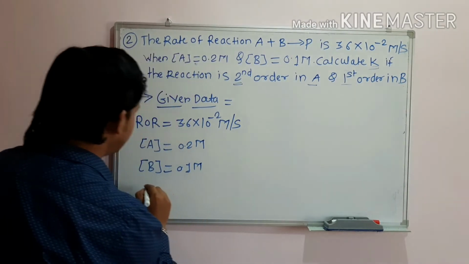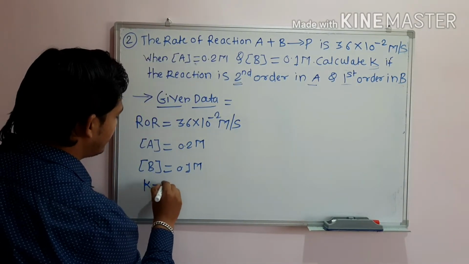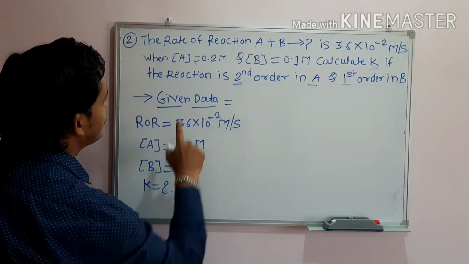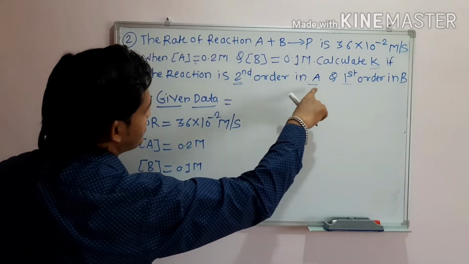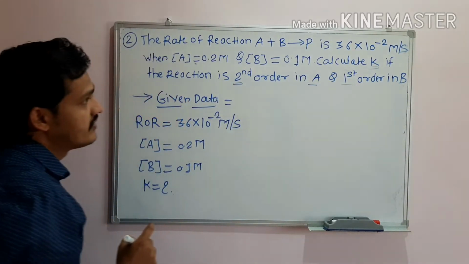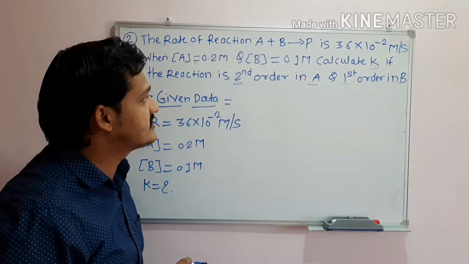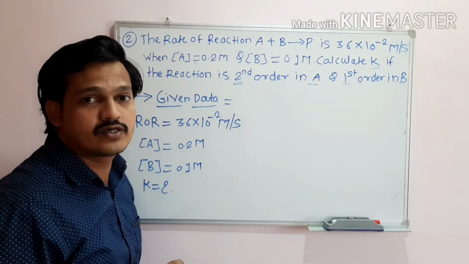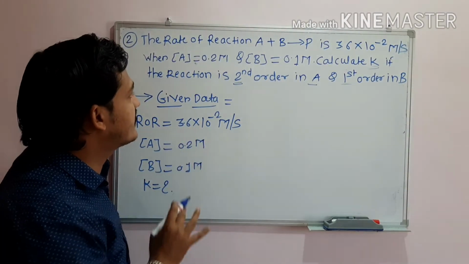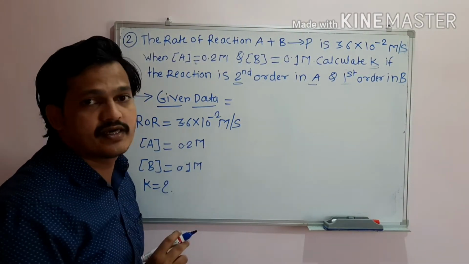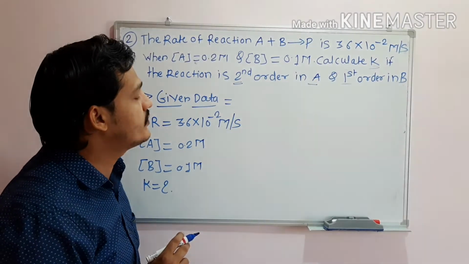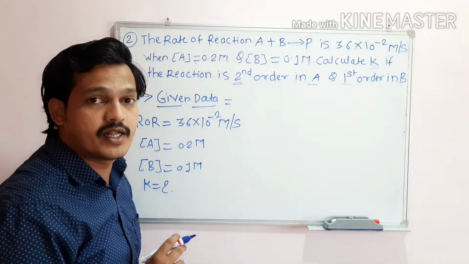Calculate K. K means rate constant. K is equal to question mark if the reaction is second order with respect to A and first order with respect to B. In the previous example, the rate law was already given to us, but in this numerical we don't get the rate law directly, so we have to prepare it manually.